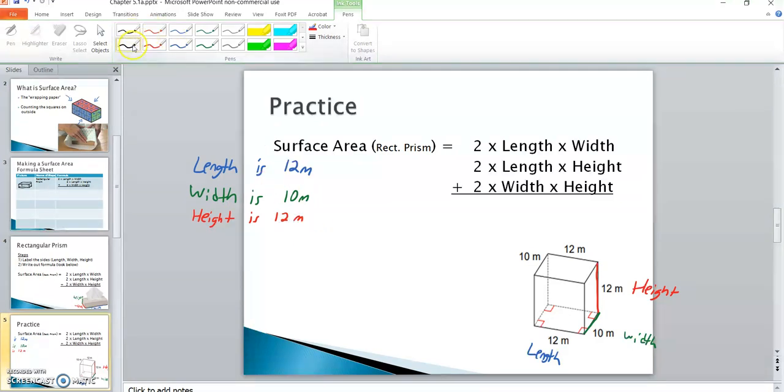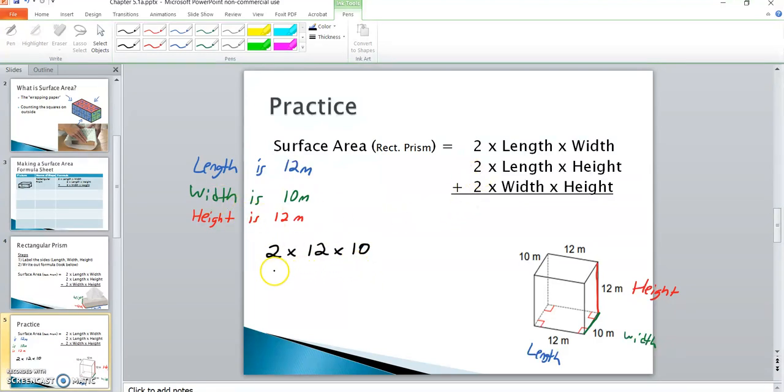Okay, so let's just put this into our formula. It's going to be 2 times the length, which is 12, times the width, which is 10.